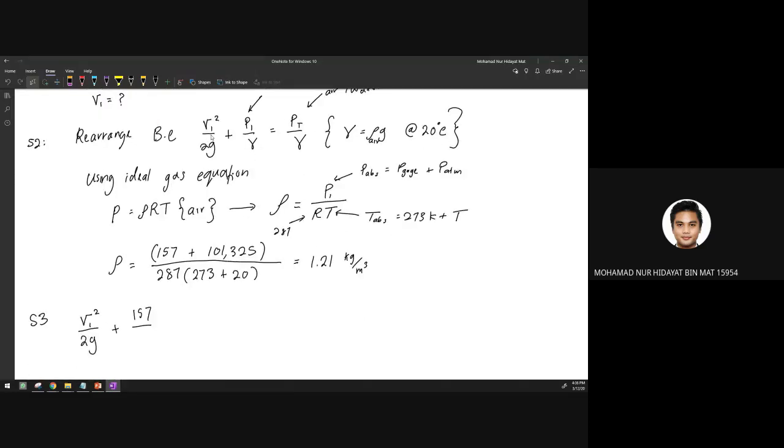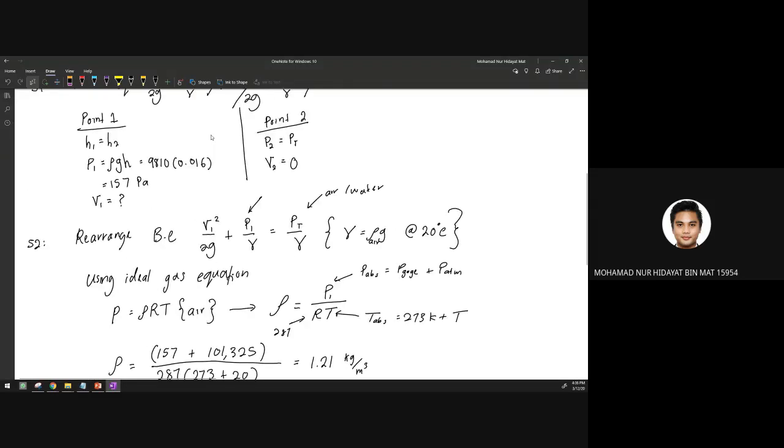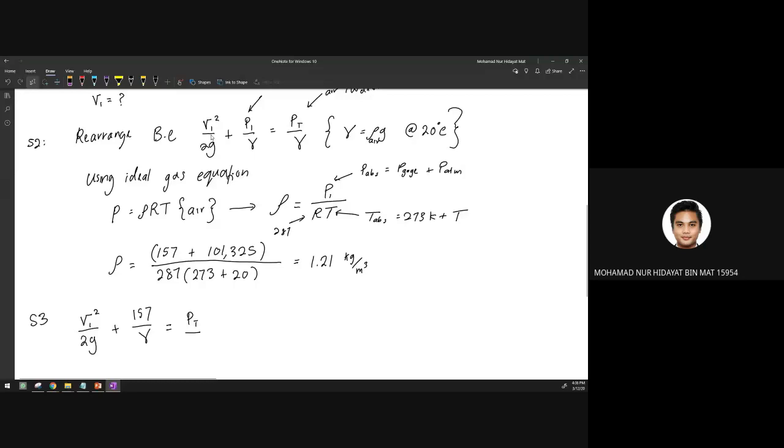You can expand it like this, equal to PT over gamma. Let's try to rearrange the equation. What did you get?